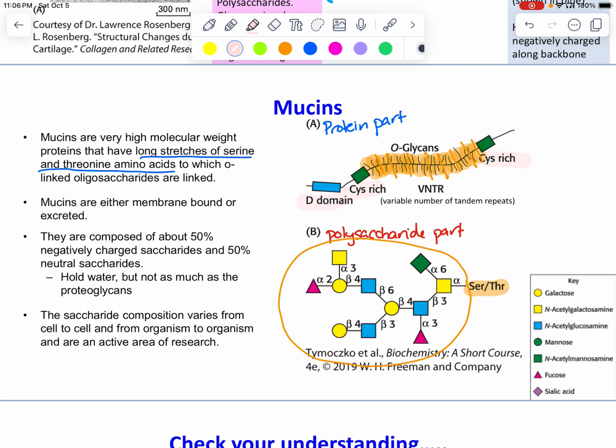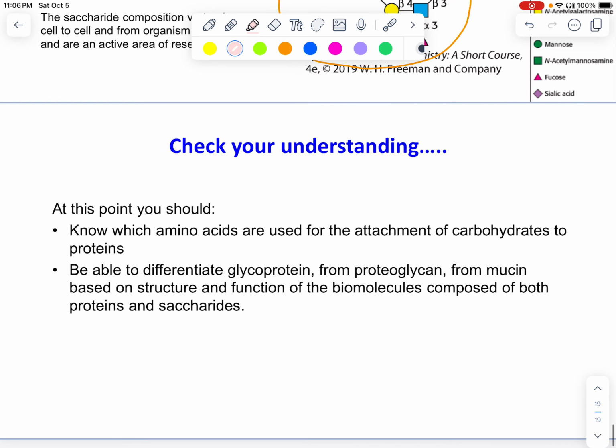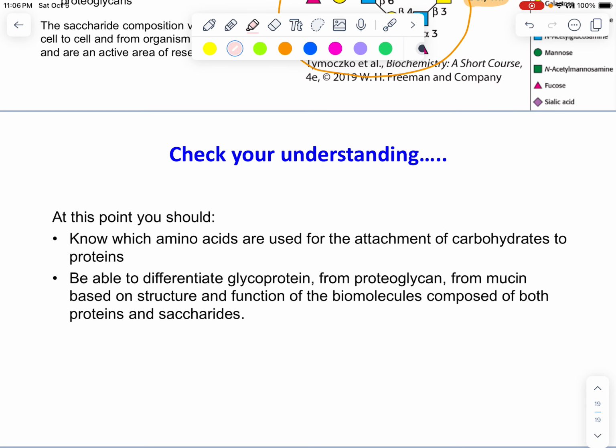All right. So we have looked at a lot of detail, but the big picture is I just don't want you leaving the class thinking that saccharides are just glycogen and starch and nothing else. So you don't need to memorize most of these structures or anything, but what you should know is how these carbohydrates and proteins are attached to each other.